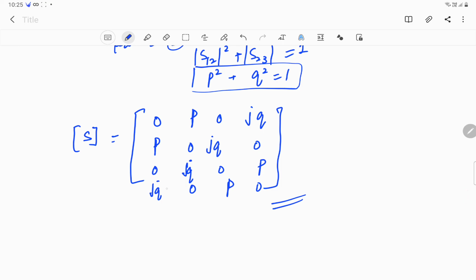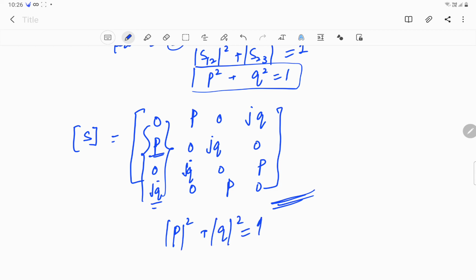So again, we can see from this, if we look at a lossless junction, the sum of squares of S parameters of any column must be 1. That means p square plus q square is equal to 1, which is same as that.